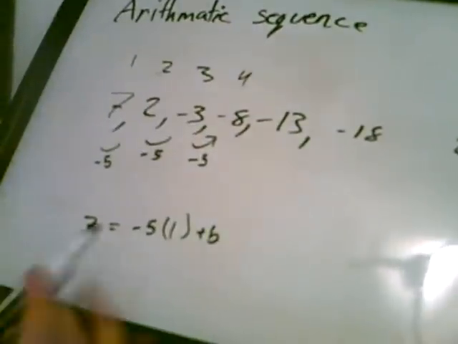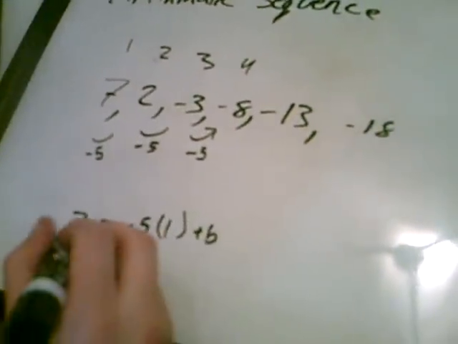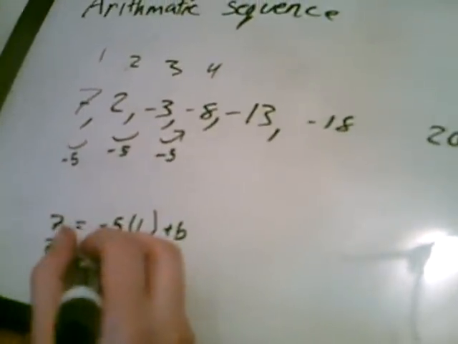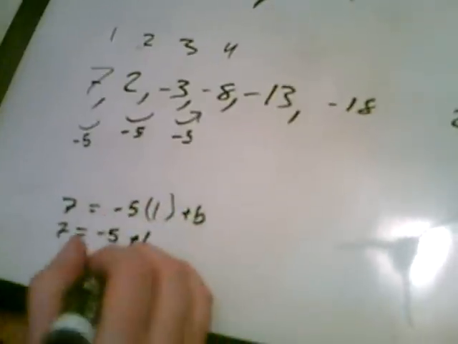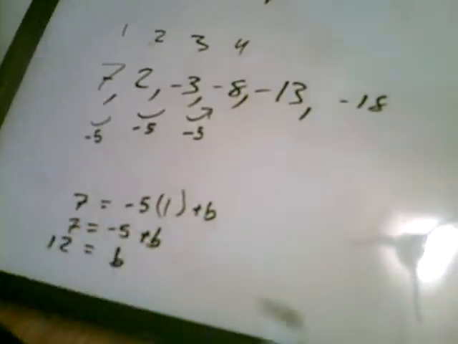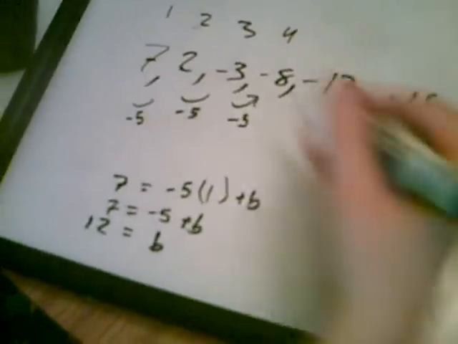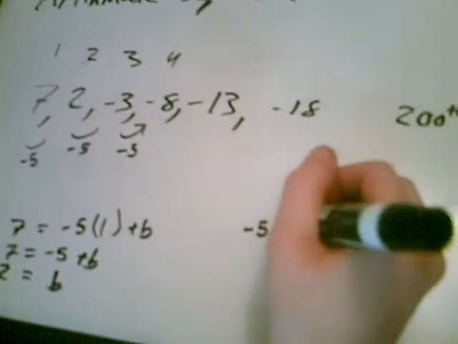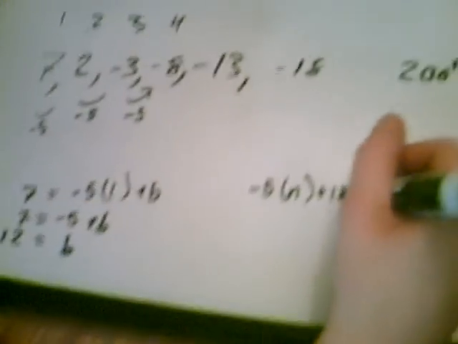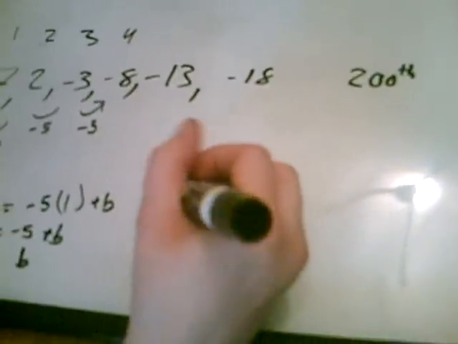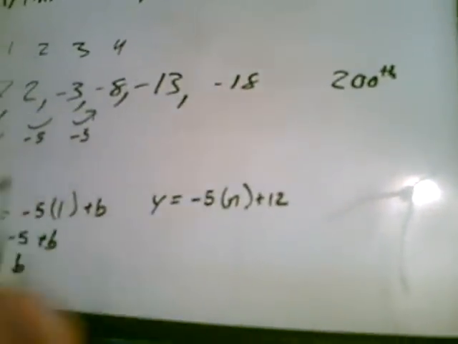It's completely arithmetic. So you know 7 equals negative 5 plus b. b equals 12. So now you know that the slope of this line is negative 5, and you know the y-intercept is 12.